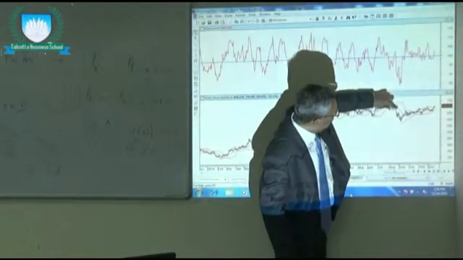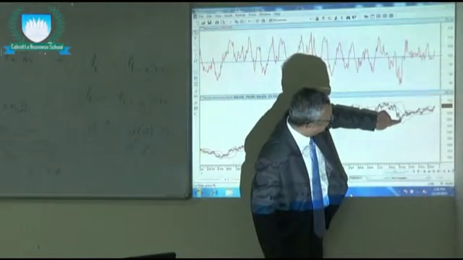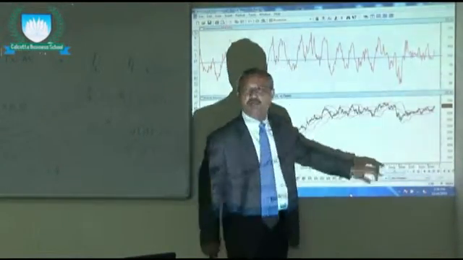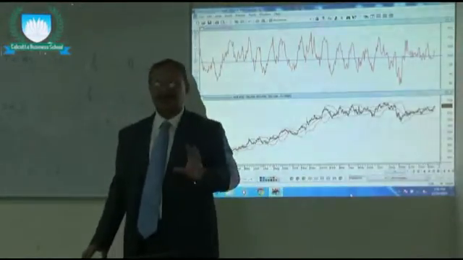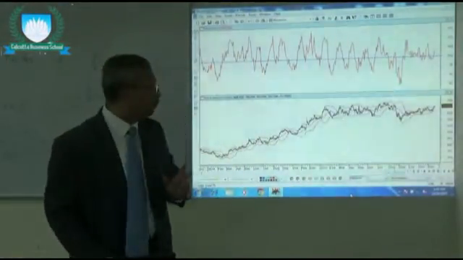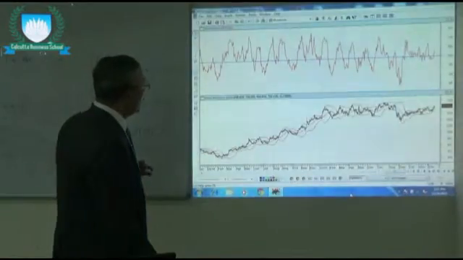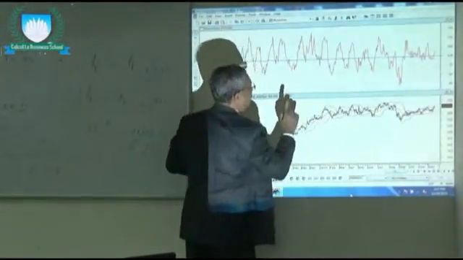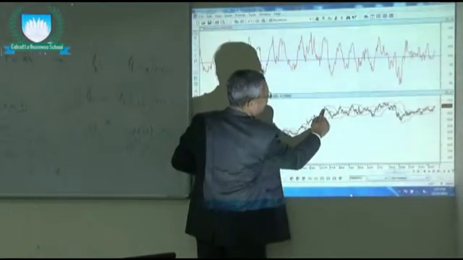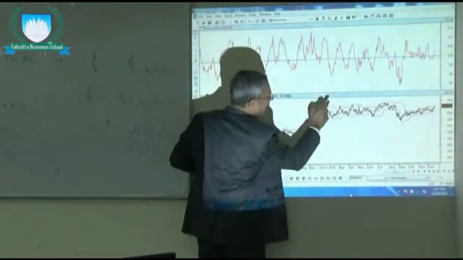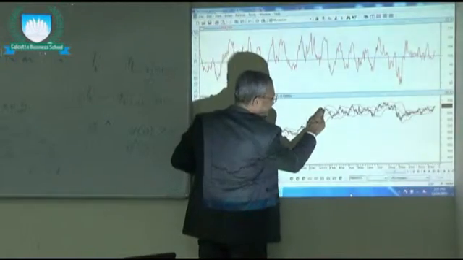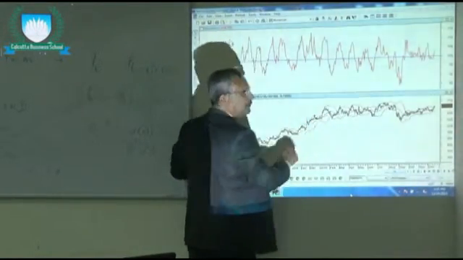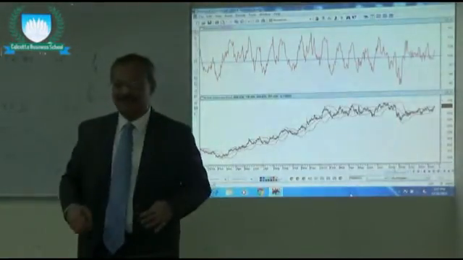And see, compared to this, it has also touched the lower bound. After that, if someone had purchased, one could have made some money in the process. When the momentum is rising, which means prices are increasing at an increasing rate, it touches the upper bound in the Bollinger Band, and if one sells at that point of time, then one can save oneself from the decrease in prices later on.